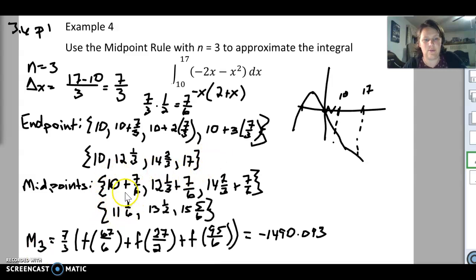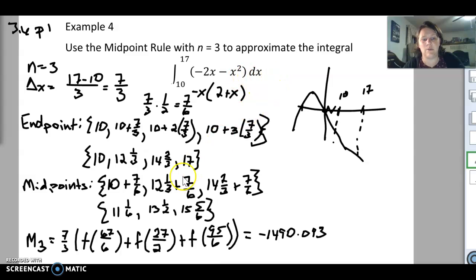Okay, so I went ahead and added those, 10 plus 7/6, 11 1/6, added those all up as mixed numbers. I also then changed them into improper fractions so that it was easier to put in. Then I went into my calculator. I put y equals negative 2x minus x squared.